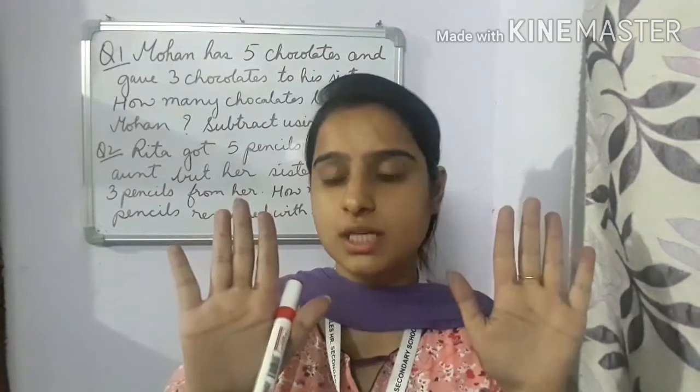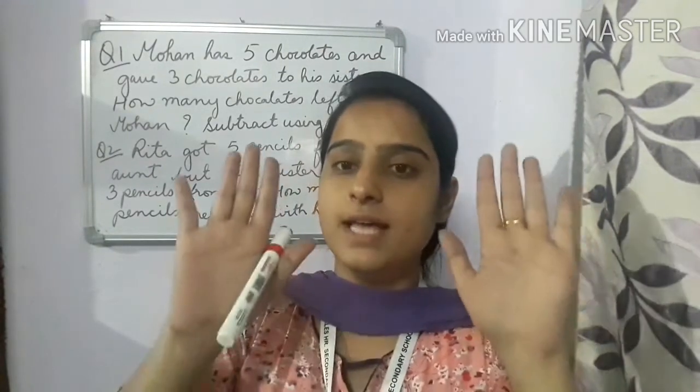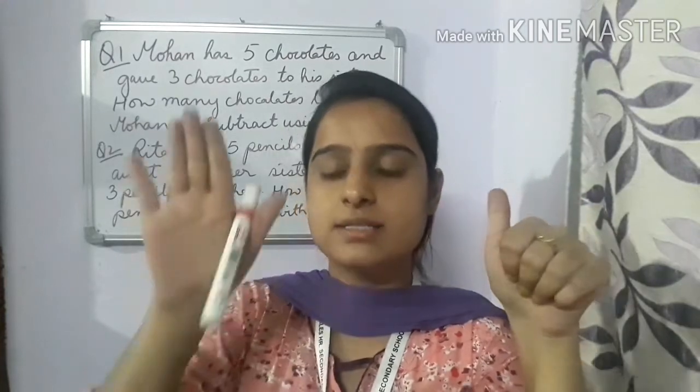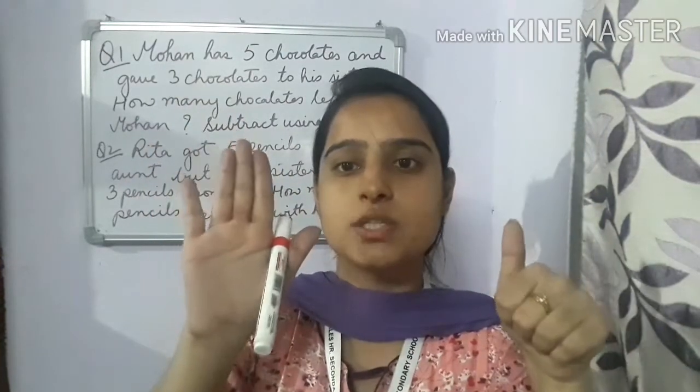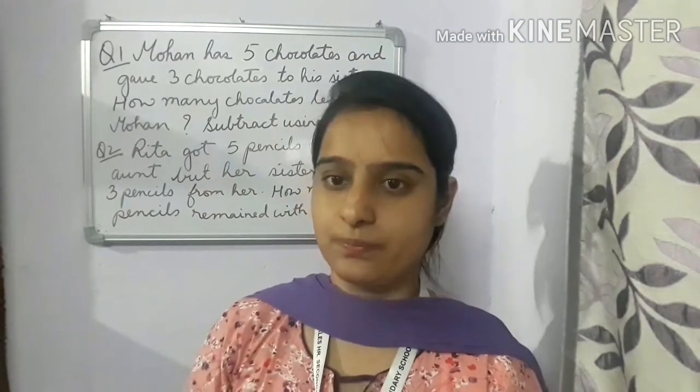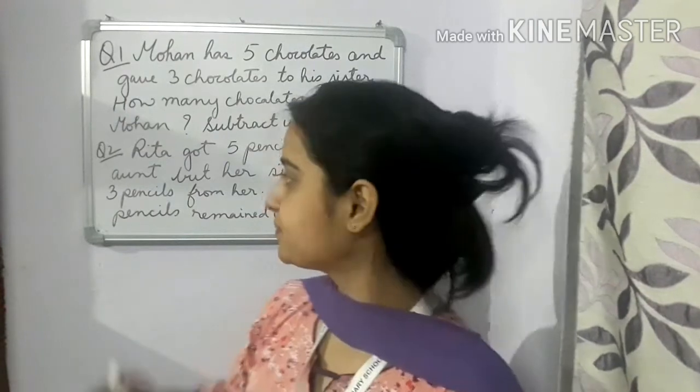So you can use your fingers for counting this, right? First you will count the total number of things you have received. Then the number of things which you have given, you will cancel those numbers and you will see the fingers which are open. Those number of things remain with you, okay?